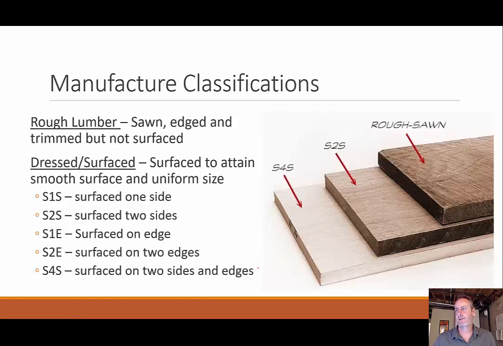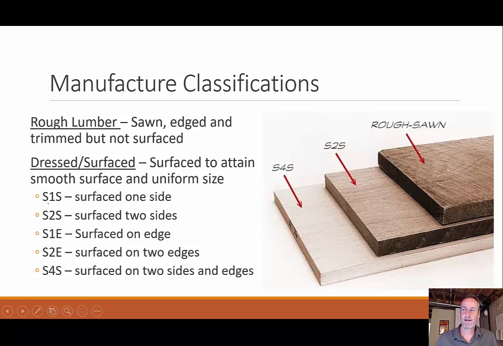The next class we can look at is the manufacturer classification. Basically, when we cut a piece of lumber, we call that rough lumber, meaning it's not surfaced in any way. If we're cutting, say, a 2 by 4, it's 2 inches by 4 inches, cut straight out of our logs, and nothing is done with it, right? Versus if we are going to smooth it down and resurface it to a uniform size, that's called dressed and surfaced lumber. Now, there are different types to surface our lumber.